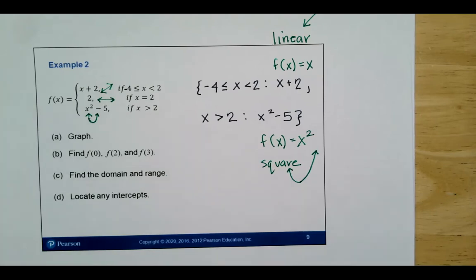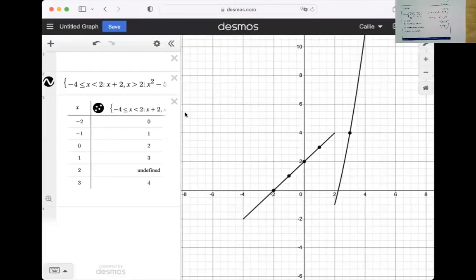We've also put them into Desmos, and that fits, right? We have the x plus 2 right here, and from -4 until +2, but we didn't include +2, and so that's why we have an undefined. We have a hole in our graph right there.